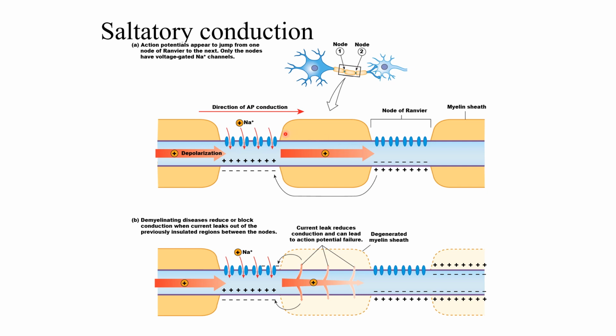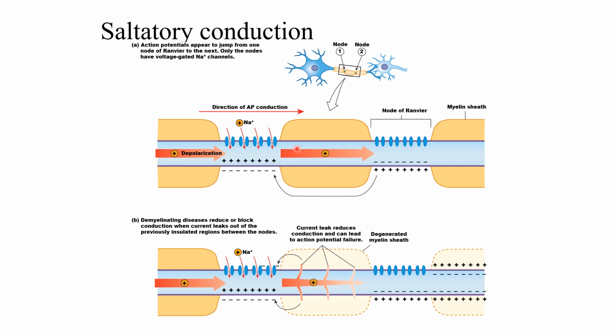And so that makes the impulse run faster because the impulse is now running down the axon and it's skipping this whole entire area, and so it's jumping, and that's why they call it the saltatory conduction, because the action potential, think of it as jumping from one node to another node.